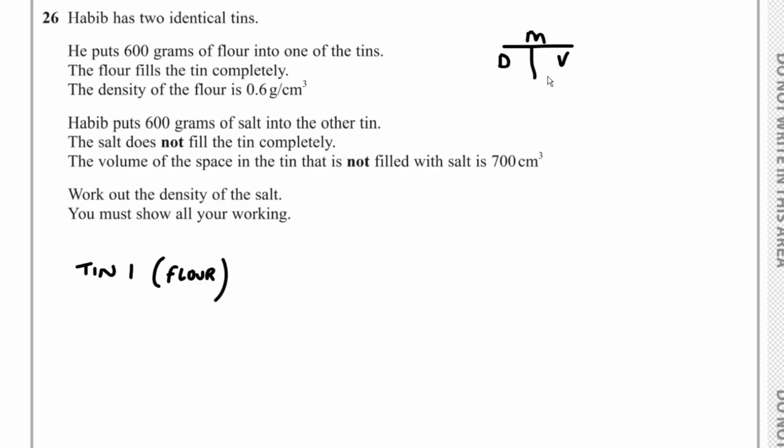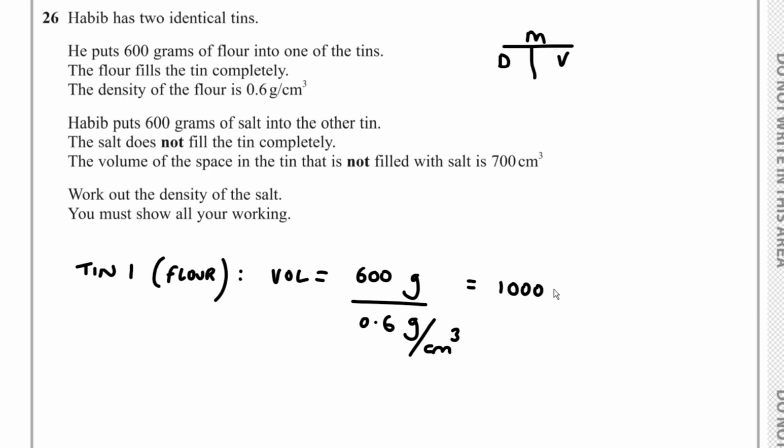So to find out the volume, we can do 600 grams divided by 0.6 grams per centimeters cubed, which will be 1000 centimeters cubed.